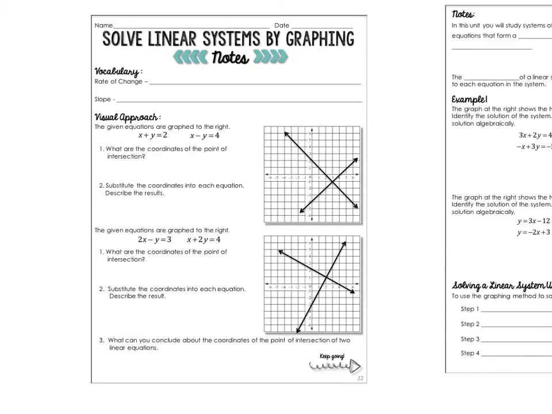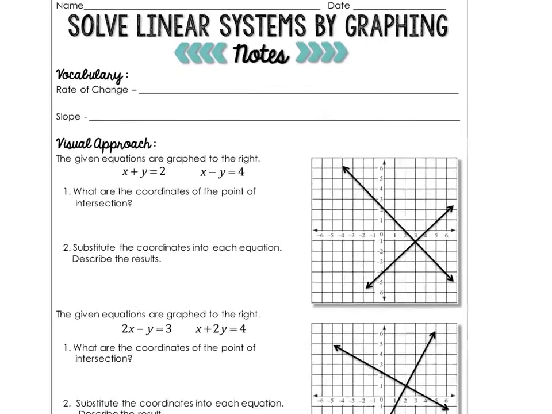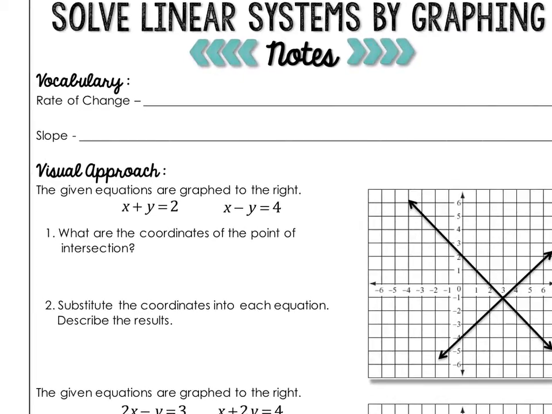For starters, we've got a couple of words to remind ourselves about: rate of change and slope. Rate of change is just a ratio, or a number, between our change in y and x.